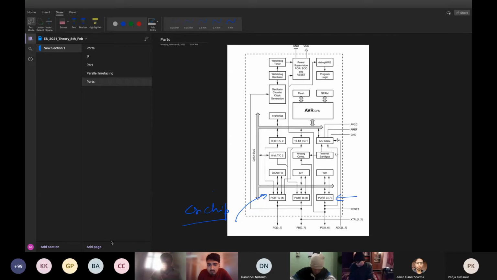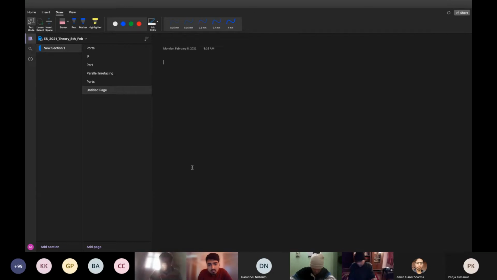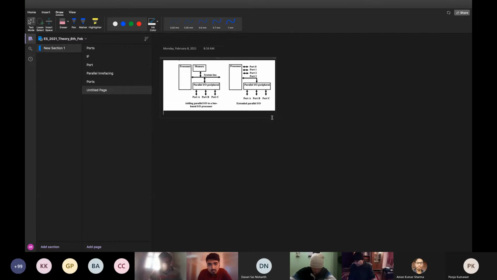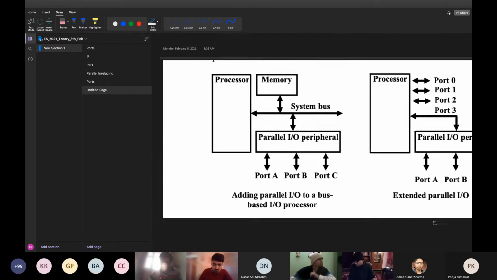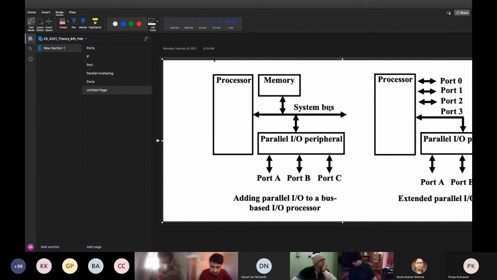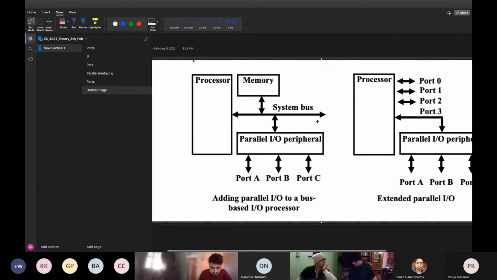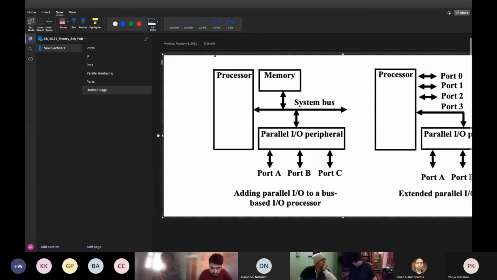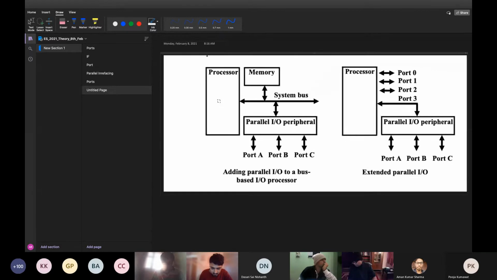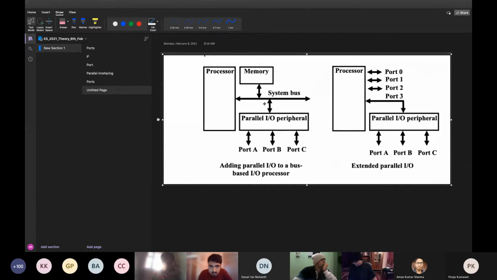So if you look at this picture, you can draw this picture if you want. The concept here is called system bus and IO bus or external bus. If the system bus is available, it is much faster.